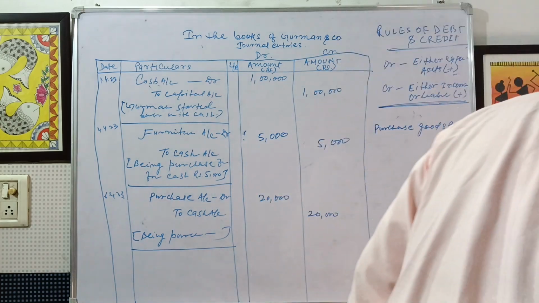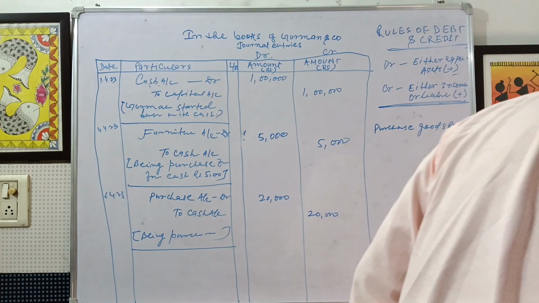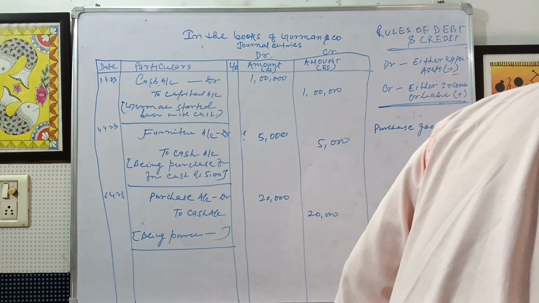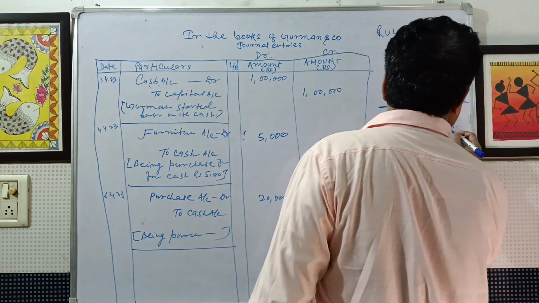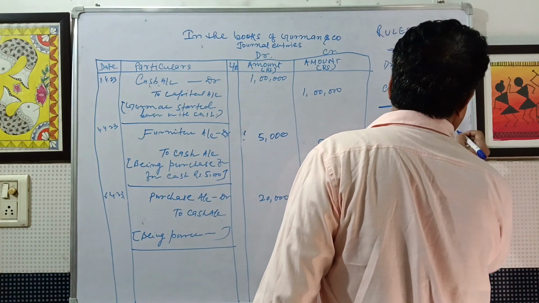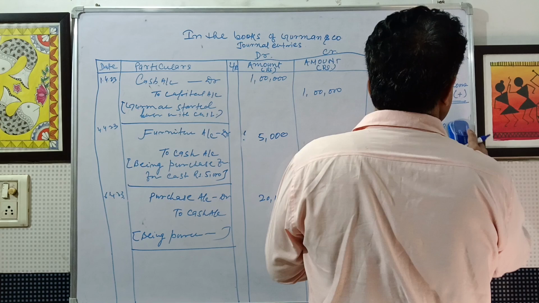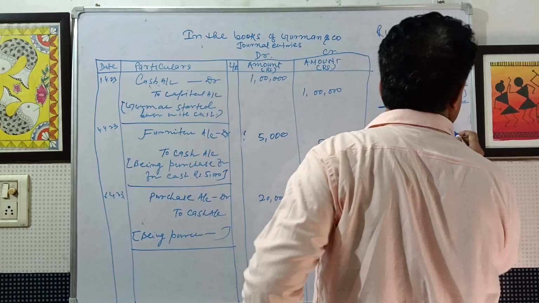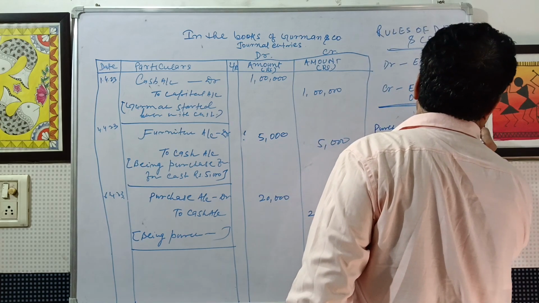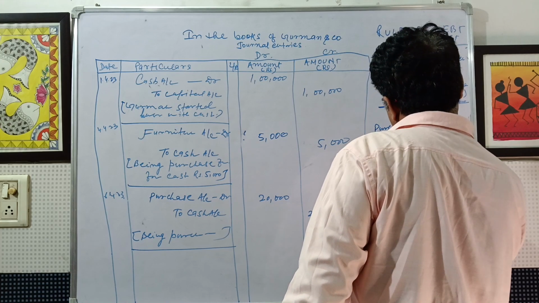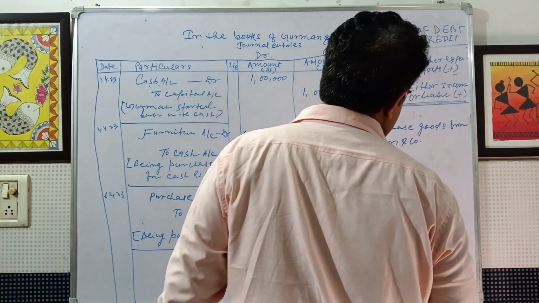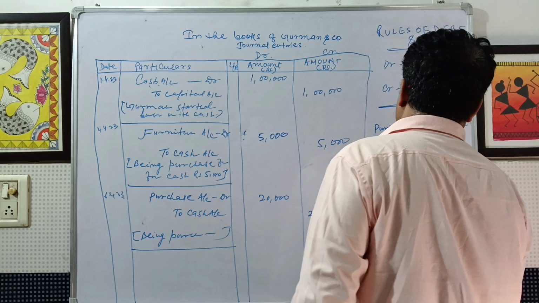Purchase goods rupees 1 lakh from Hari and Company.